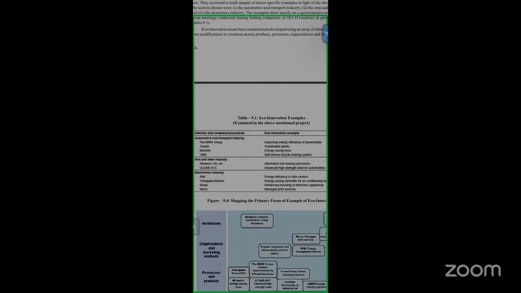And when you take the iron and steel industry, Siemens and VAI, etc., they have alternative iron making processes, and UL SAB and AVC, they have advanced high strength steel for automobiles.